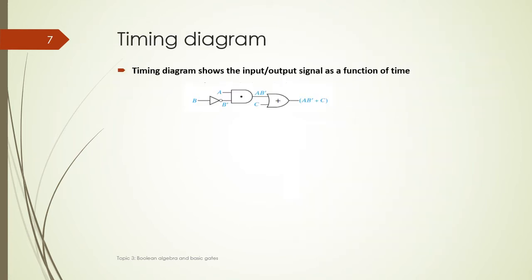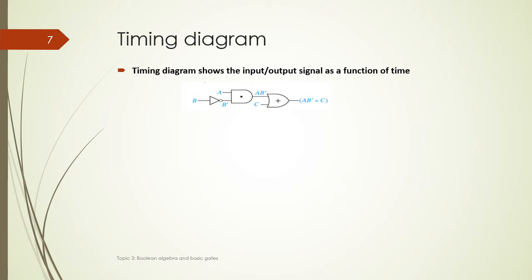Okay, timing diagram. In the previous slides, we talked about the logic diagram that shows the collection of logic gates used to realize a specific function. But the timing diagram represents the input-output relation as a function of time.